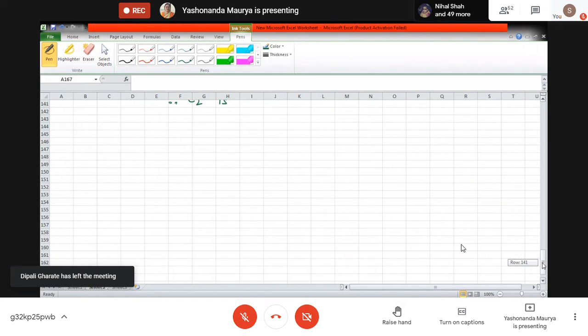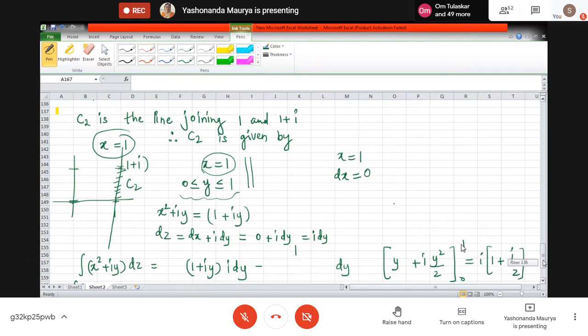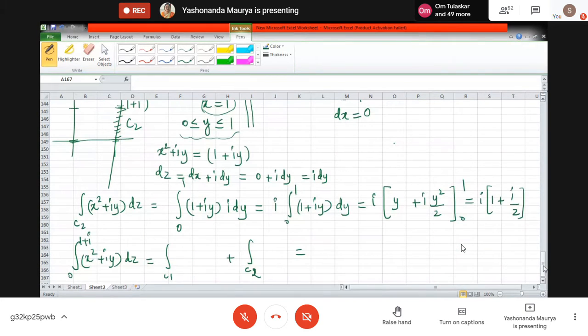Let's just roll it up. 1 by 3. And now we got this expression. This is 1 by 3 plus, here what we get is i minus i plus i square, so that will be minus 1 by 2.